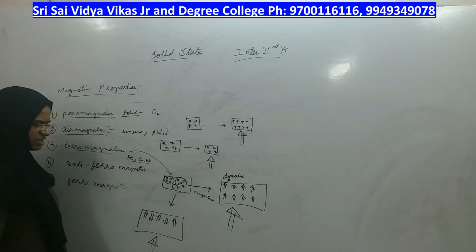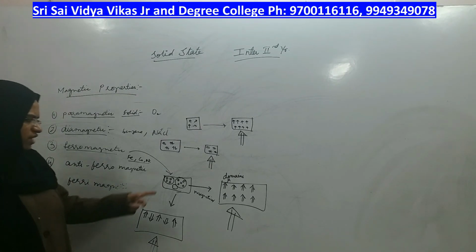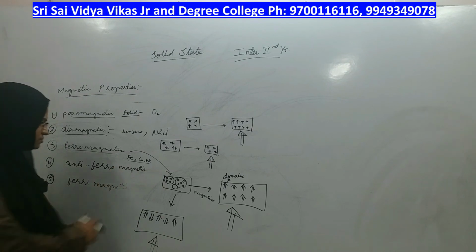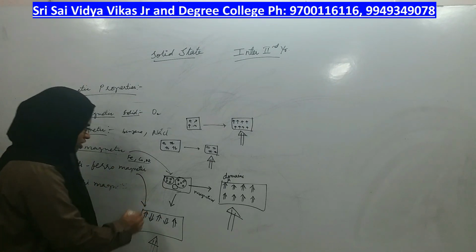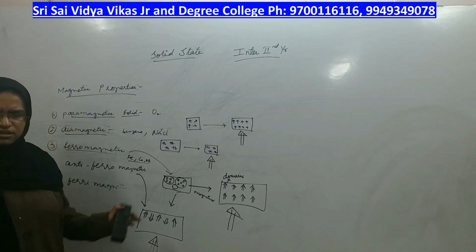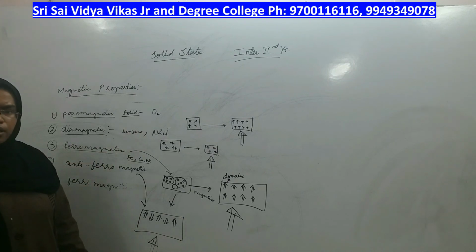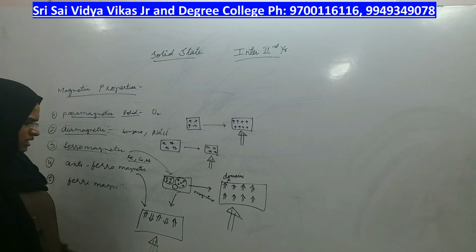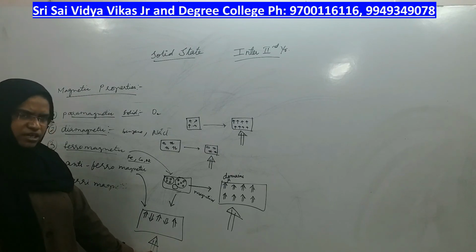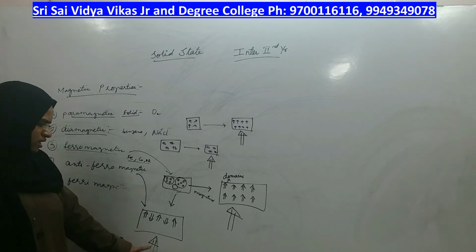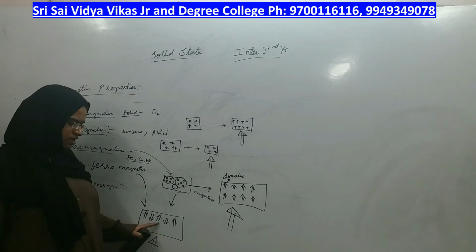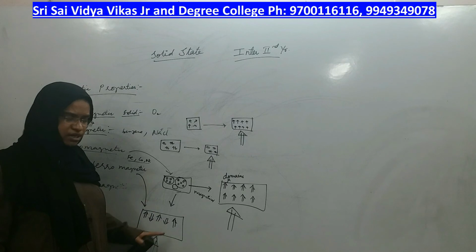If you give an external magnetic field, whatever domains were randomly present in the substance, they start getting aligned, but in opposite directions. If one domain is aligned with the magnetic field, the other domain gets aligned against the magnetic field, then the next with the magnetic field, then the next against the magnetic field.